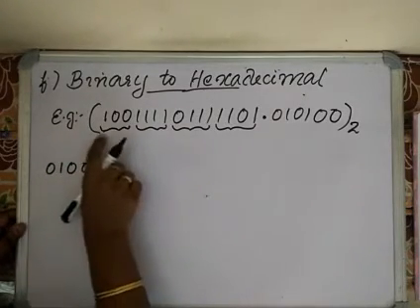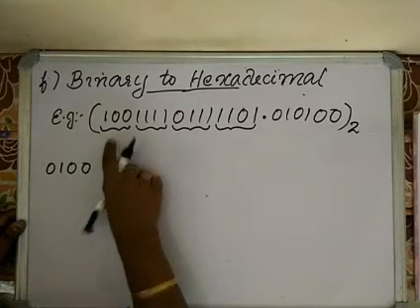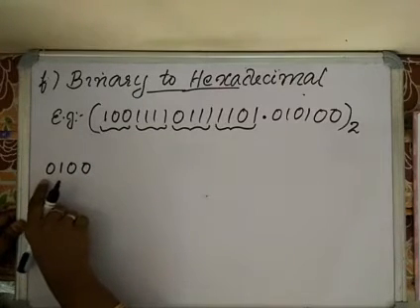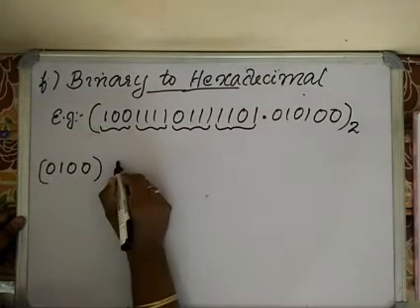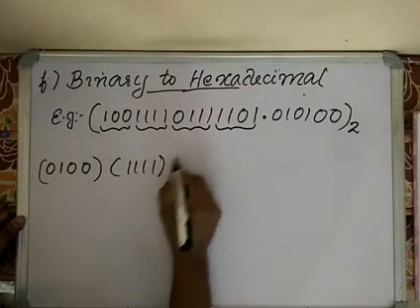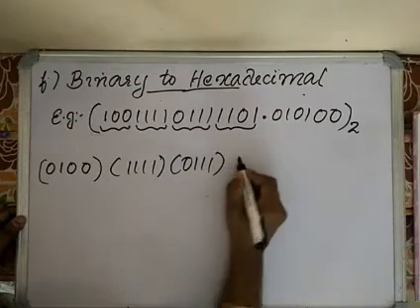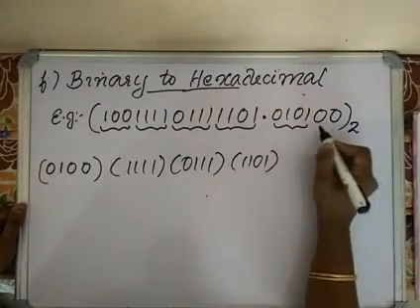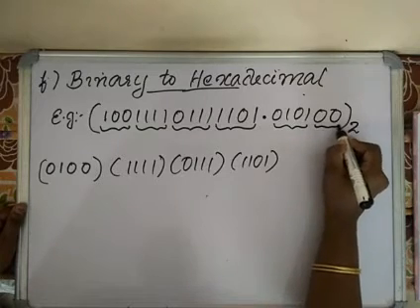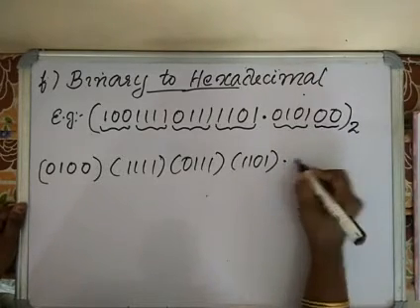Here we have only 3 digits, so I'm including a 0 because we need a group of 4. Then 1, 1, 1, 1, 0, 1, 1, 1, 1, 0, 1. Similarly for the fractional part, here we have only 2 zeros, so we can include 2 more.